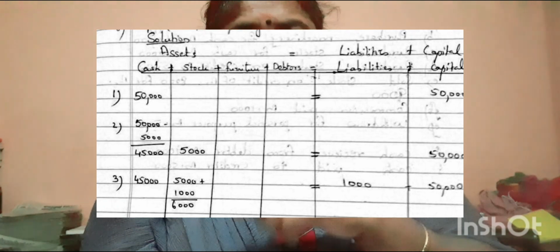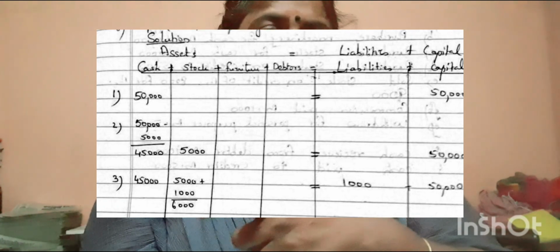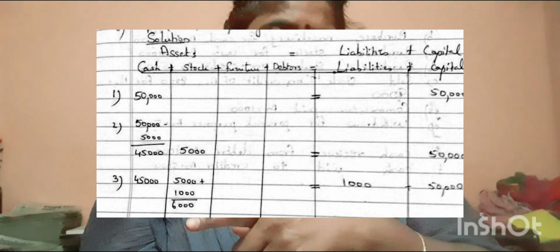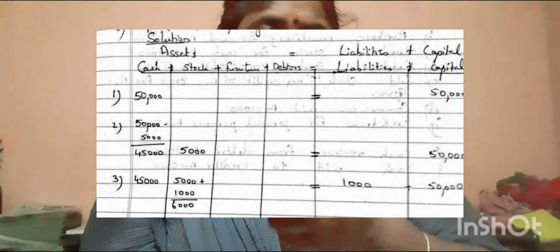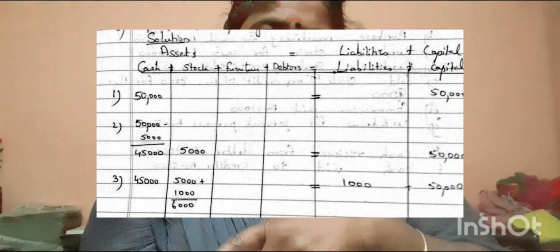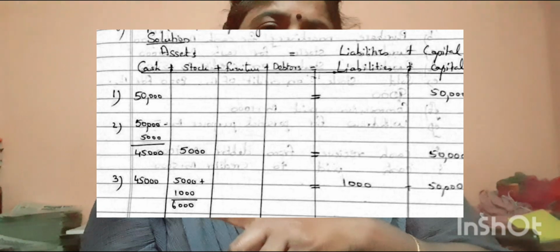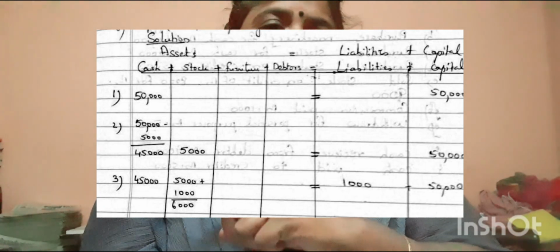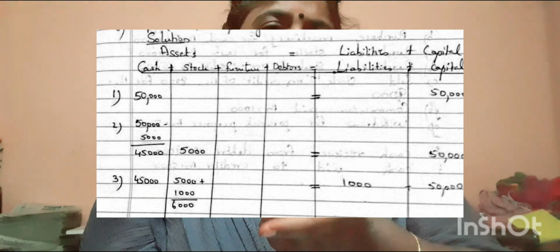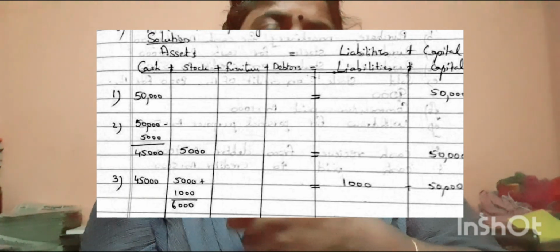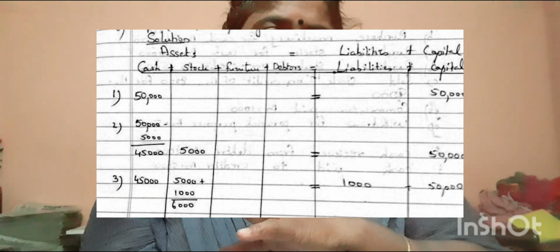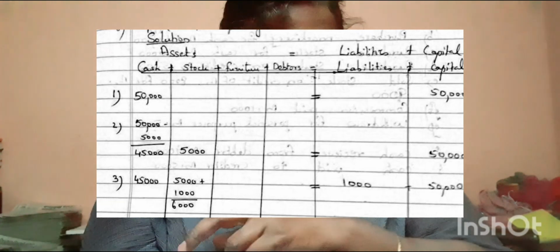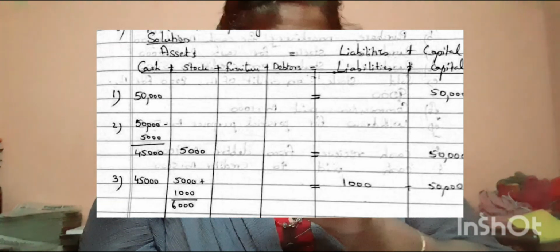On the asset side, stock will increase. Already we have stock of 5,000. Then we again purchase 1,000 rupees stock. Then the total stock is 6,000. Cash is the same 45,000 on the asset side. On the other side, liability will increase to 1,000 and capital 50,000. Same amount on both sides.